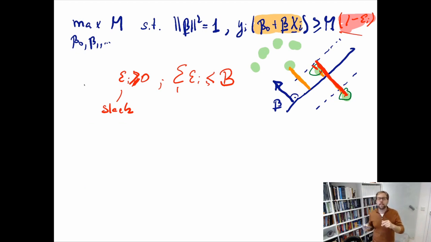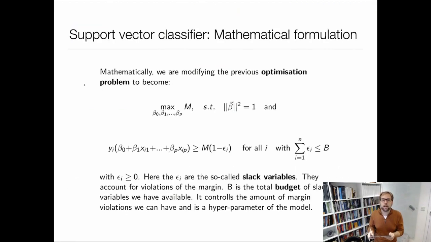If b would be infinite, then I can violate it as much as I like. I wouldn't get a good fit. But there would be some nice b in between where I will get a good result here. And this is just written down mathematically. So the support vector classifier can be written as a maximization of the margin, still with the previous constraint, but where now I'm introducing this additional term, the slack variable, which allows for violation of the previous constraint by effectively just offsetting the constraint.